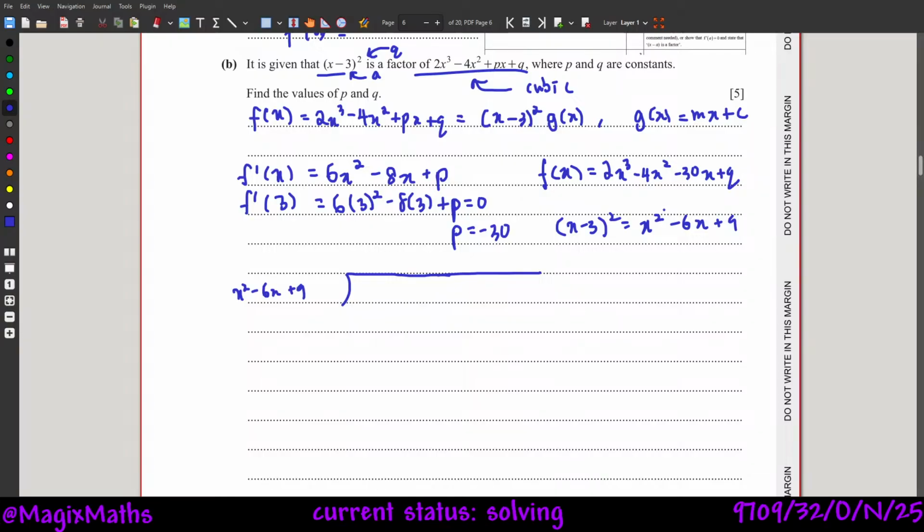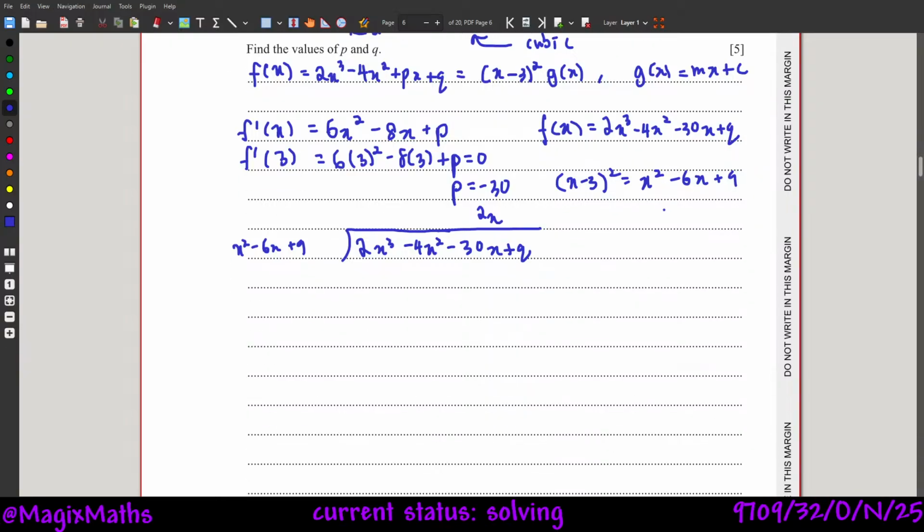And then we're going to divide this. We have minus 30x plus q here. So for the first one is obviously 2x. I should put that in the front. So we'll have 2x cubed minus 12x squared plus 18x.